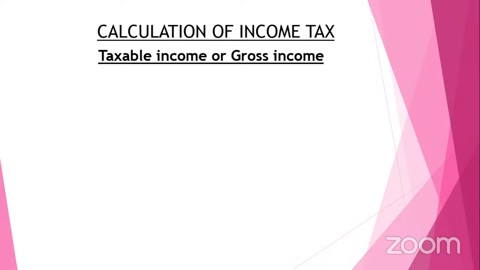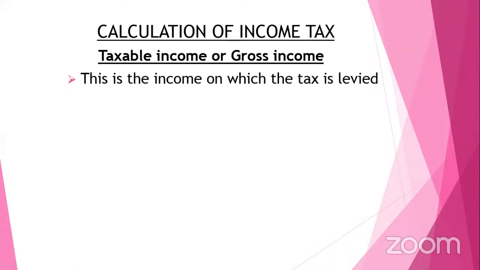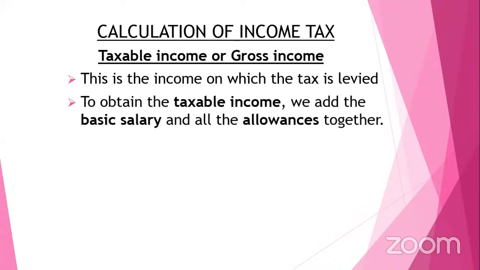We are saying this is the income on which the tax is levied. To obtain the taxable income, we add the basic salary and all the allowances together.